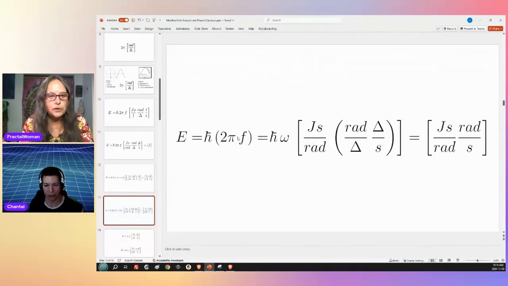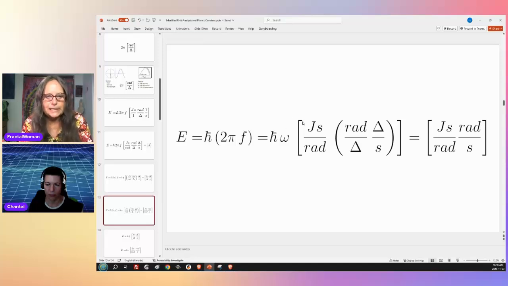So now I'm going to group the 2 pi with the frequency term. So 2 pi times frequency is omega. Now I'm going to do the same thing as I did before. The h bar has units joules times second per radian, as we saw before. 2 pi has units radians per cycle, cycles per second.